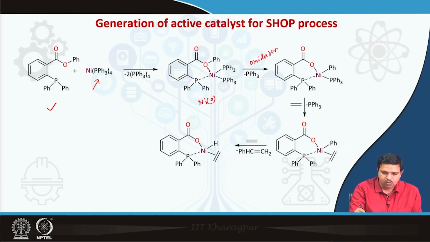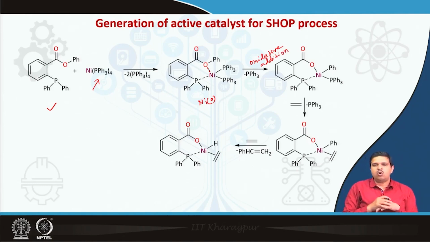We are very familiar with the unique reactions in organometallic chemistry, that is oxidative addition, reductive elimination, and the insertion reactions, elimination reactions. Okay, so here you will see oxidative addition between this one. So here the O is now O minus and phenyl.